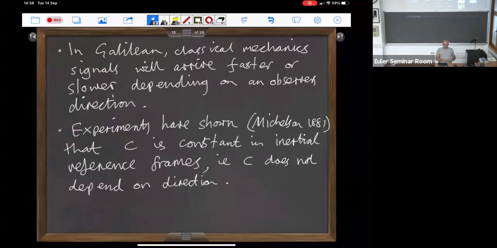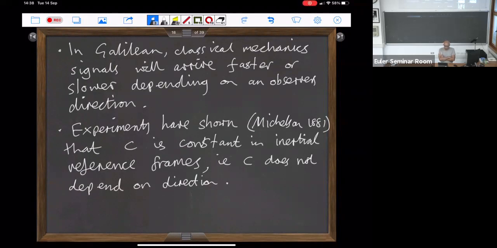because in the Galilean world, signals will arrive faster or slower depending on the observer's direction. If I'm traveling towards a signal, it will arrive faster than if I'm traveling away from it. But experiments have shown, and this goes back to Michelson in the 19th century, though many experiments have subsequently been done, that the speed of light is constant in all inertial reference frames.